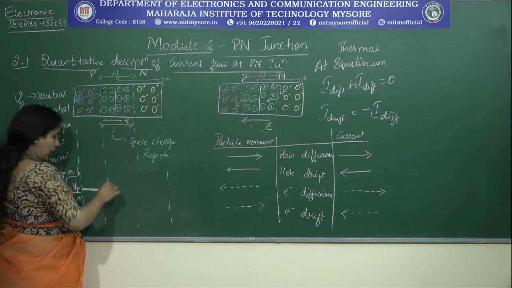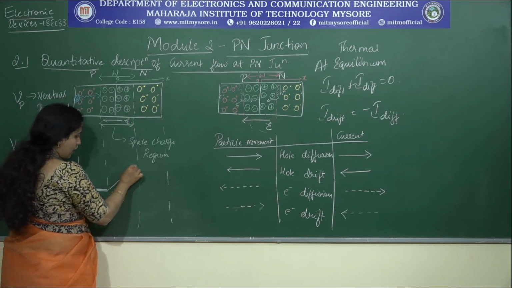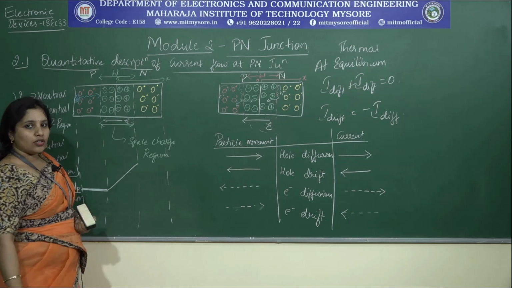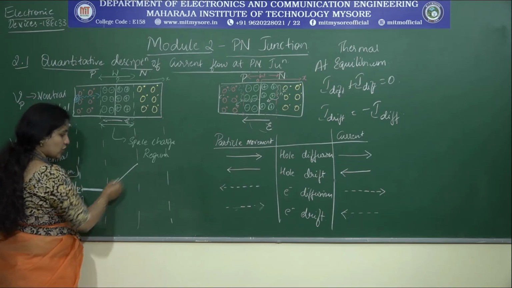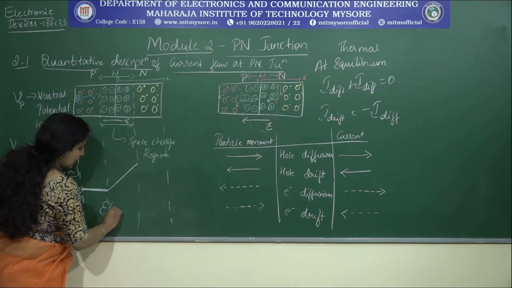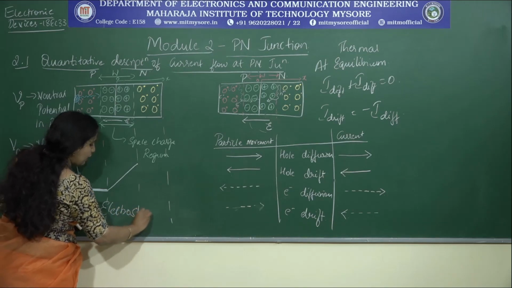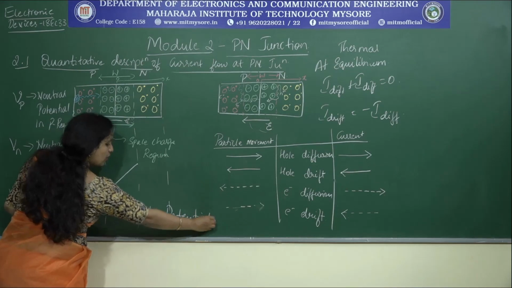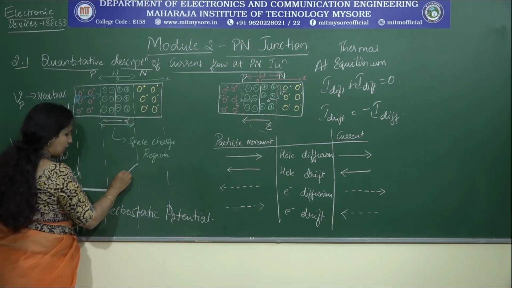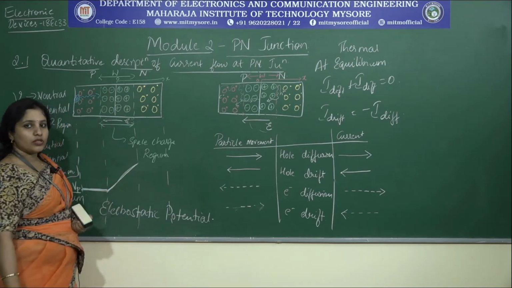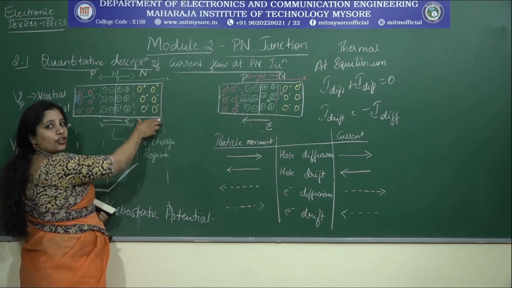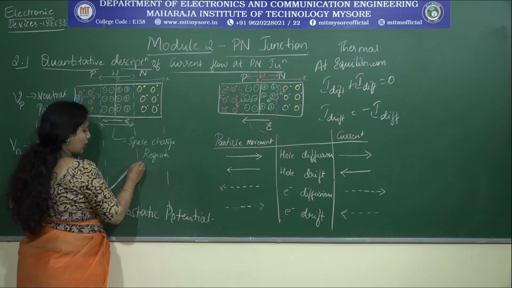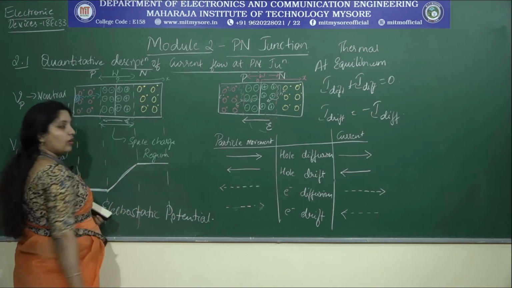As a result, the potential energy gets increased whereas the kinetic energy gets reduced. And that potential energy is what we are interested in, because this is the electrostatic potential which we are trying to represent. Therefore, I am showing an increase in the energy. Done. Now again, when I come across the neutral n region, the energy becomes constant.